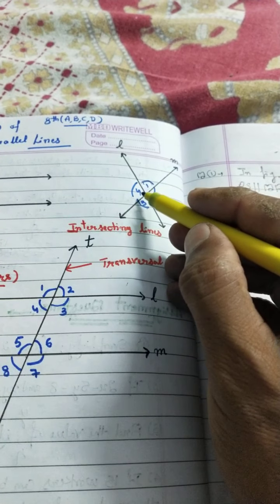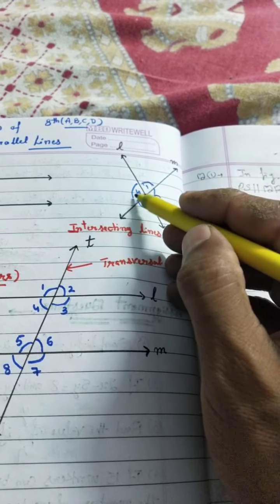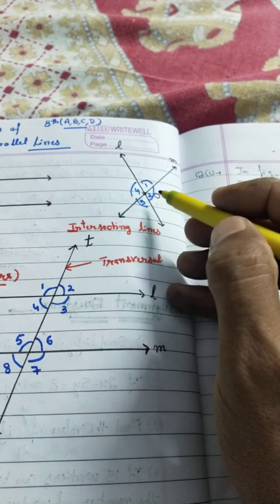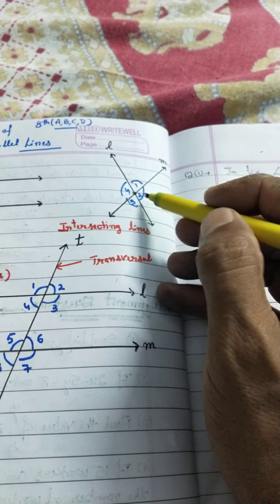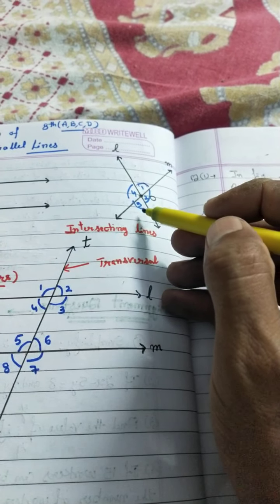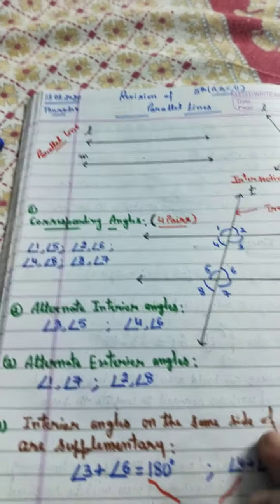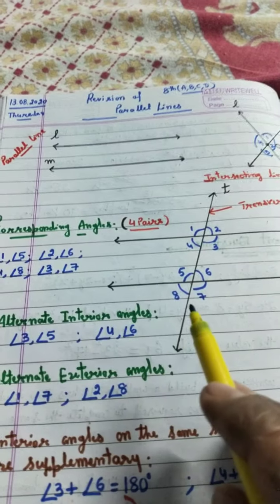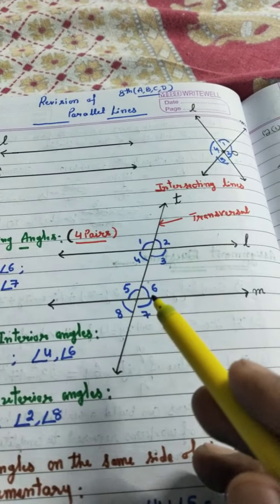And angle 1 plus angle 4 is equal to 180 because this pair forms a linear pair. Similarly, there are 4 linear pairs: angle 1 plus angle 2, angle 2 plus angle 3 and angle 3 plus angle 4. Now in this chapter, the main part is that there are two properties.